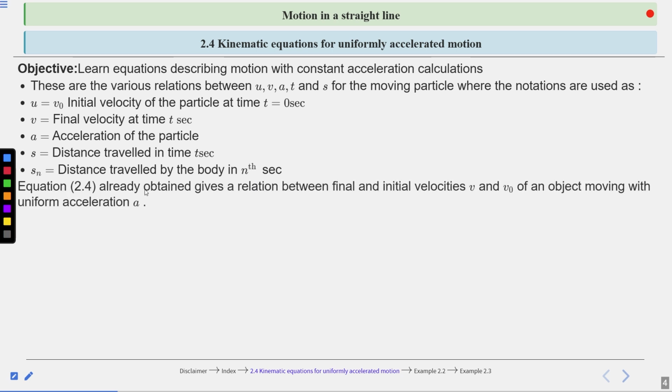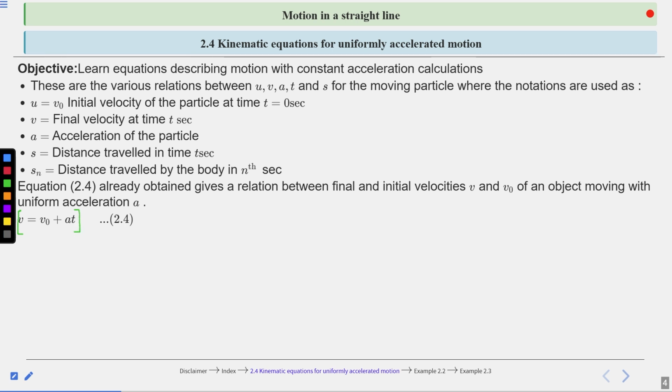Equation 2.4, already obtained, gives a relation between final and initial velocities. So here the final velocity is small v and the initial velocity is small v naught of an object moving with uniform acceleration a. So equation 2.4 is v is equal to v naught plus at.